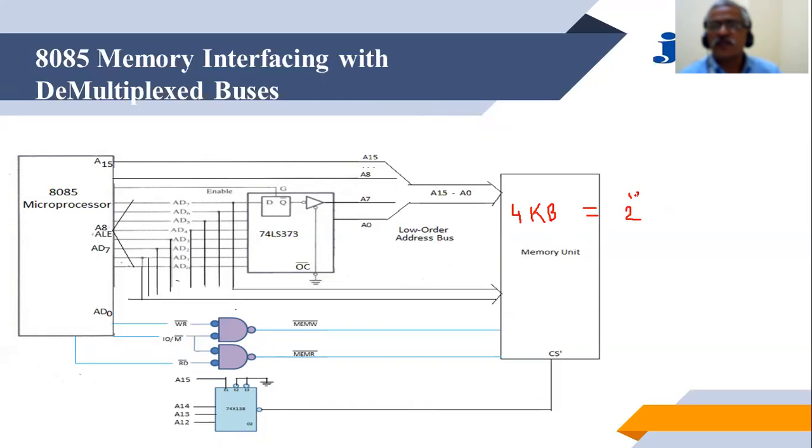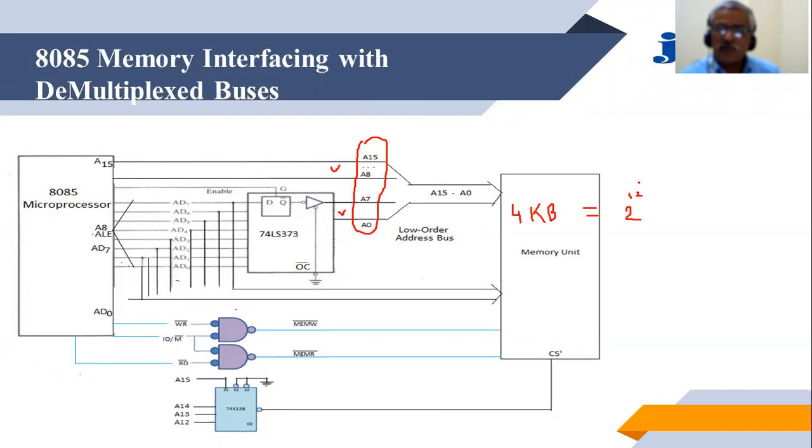So we require 12 address lines to address this 4 kilobyte of memory. But what do we have with the 8085? We have 16 bits of address space available, of which the 8 bits A0 to A7 come from the latch output, and the other A8 to A15 are available directly from the 8085.